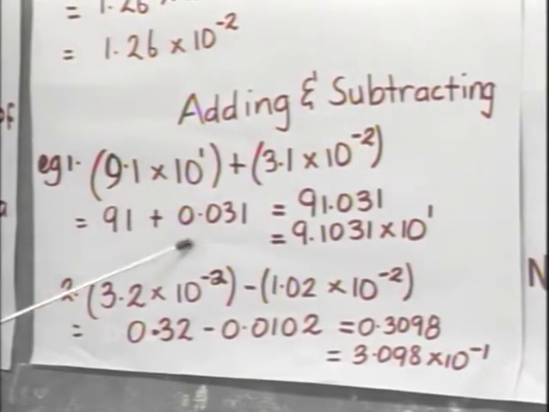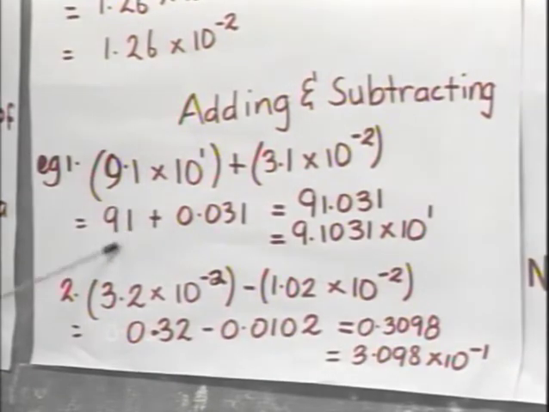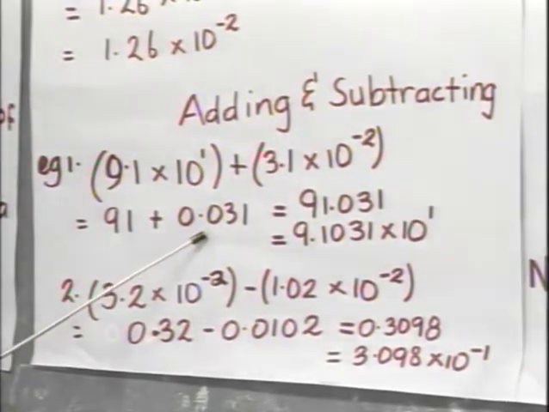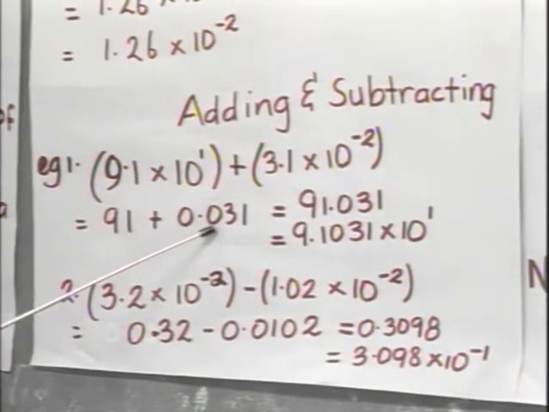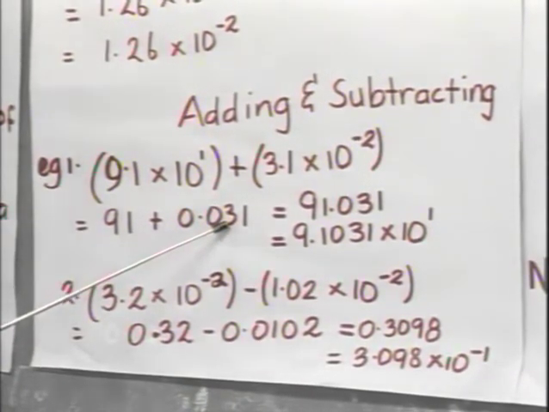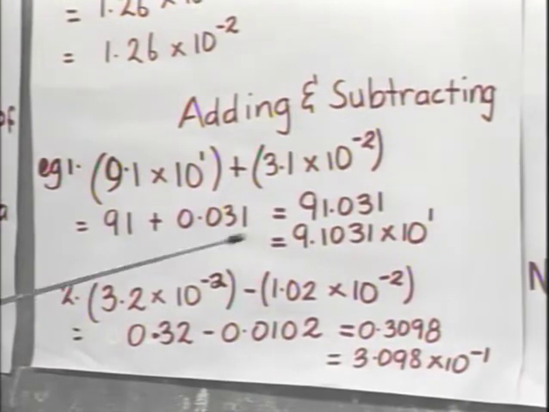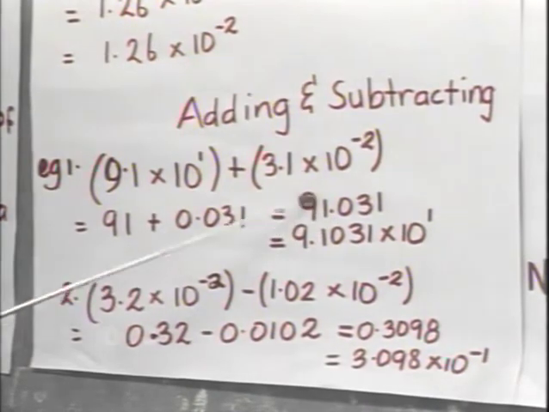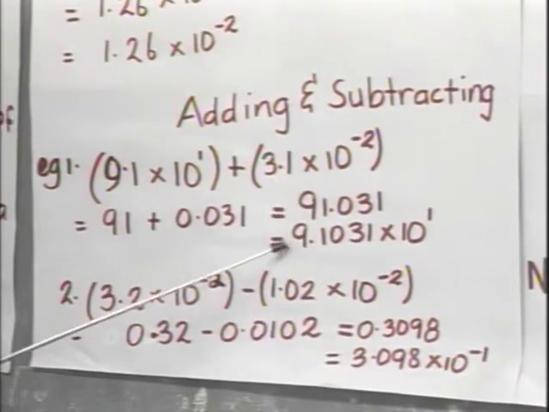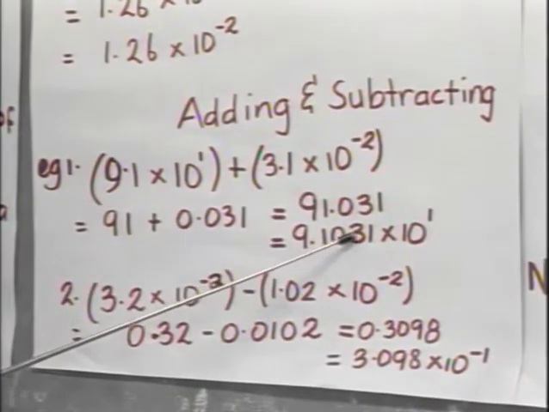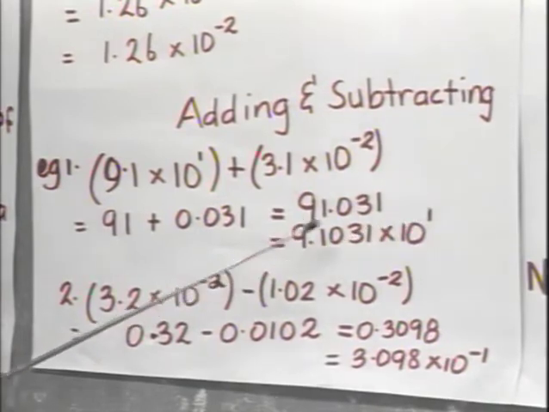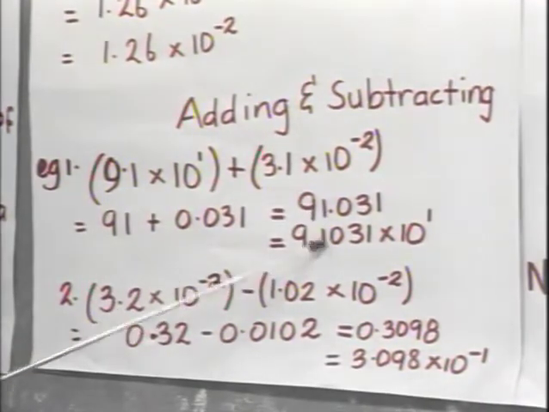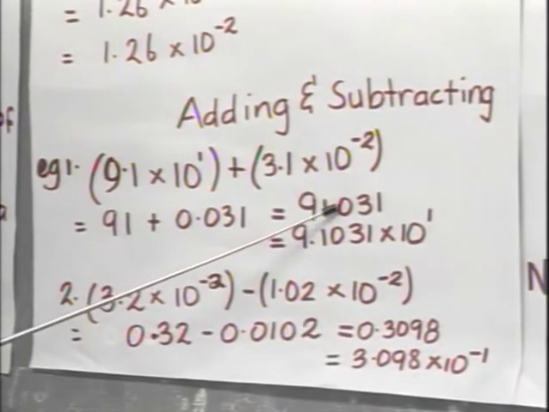So 9.1 times 10 to the power of 1 is 91. 3.1 times 10 to the power of negative 2 is 0.031. Clear? And then that becomes 91.031. And then I rewrote this number as 9.1031 times 10 to the power of 1, because you have to move from here 1 place to get this number.